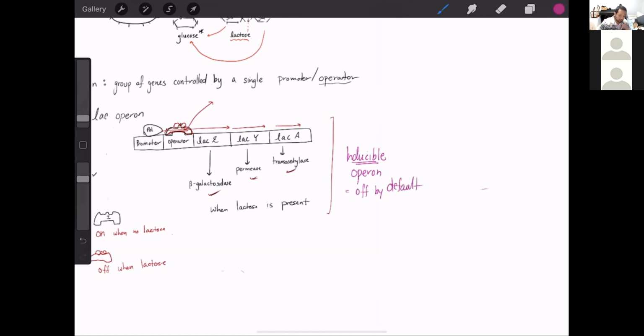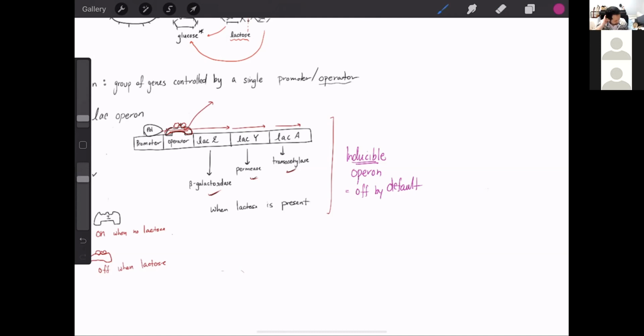That's why the Lac operon is off by default, because usually there's plenty of glucose available. But it's only when glucose is gone and a lot of lactose starts to come into the cell that these little inhibitors fall off of the operator, allowing the genes to be turned on for the purpose of breaking down lactose. Okay, good. So hopefully you guys understand what this is all about.